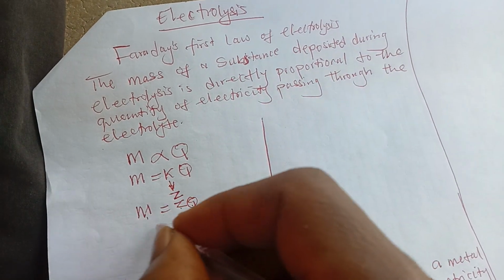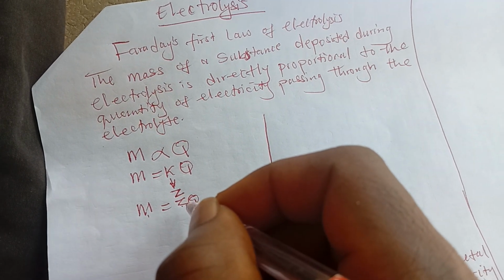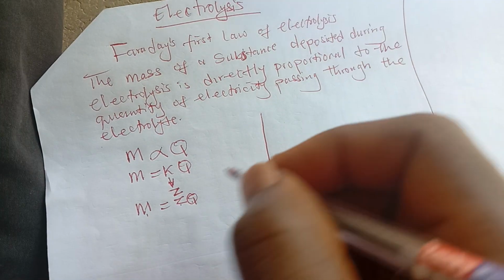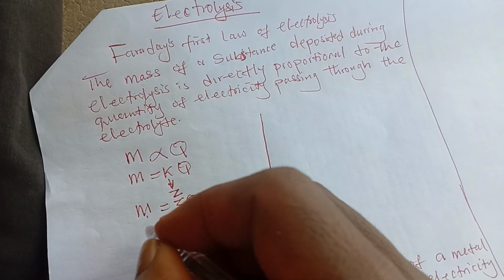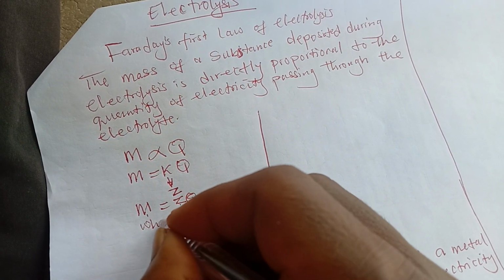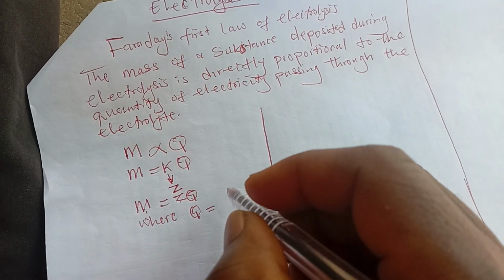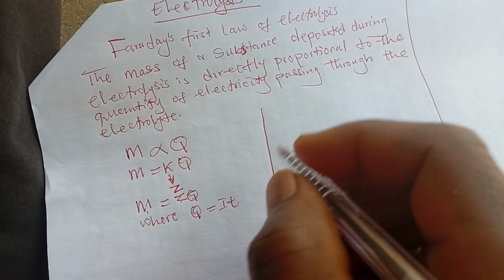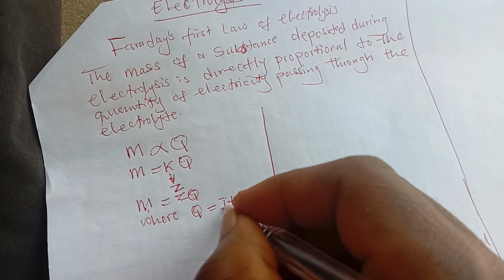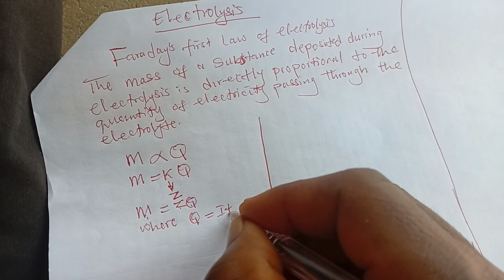We can use this formula to solve some problems regarding Faraday's first law of electrolysis. But we can also expand it, where Q is also equal to IT. I stands for current, and T stands for the time.